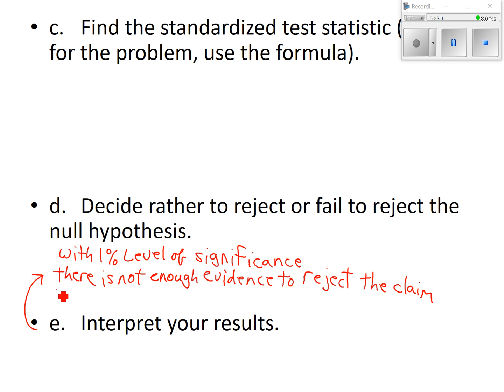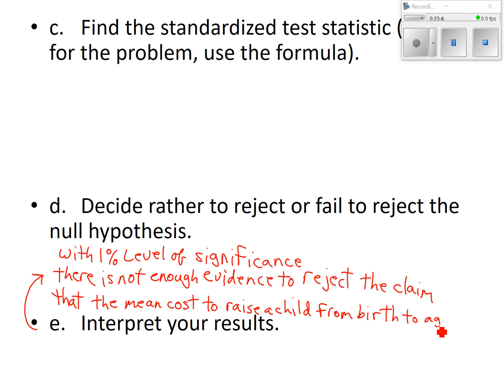Then our third part of the sentence ties it back to whatever the original problem said. Not enough evidence to reject the claim that the mean cost to raise a child from birth to age 2 is, what was it, 10,380?